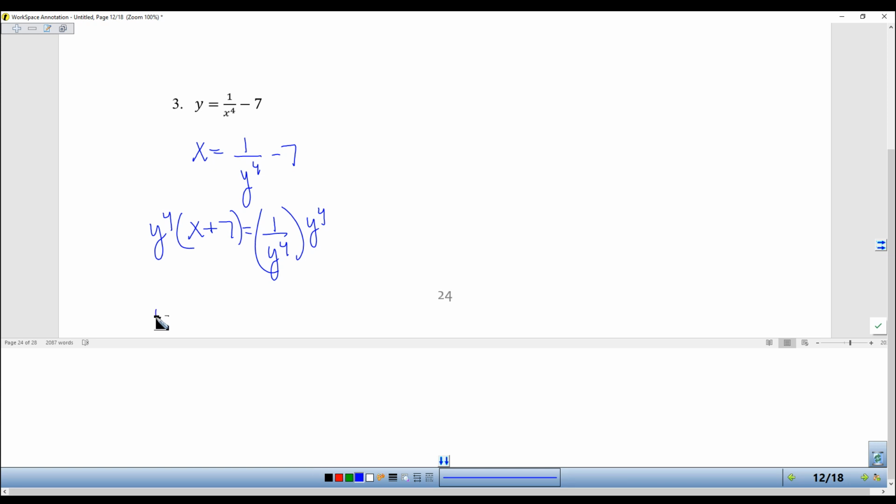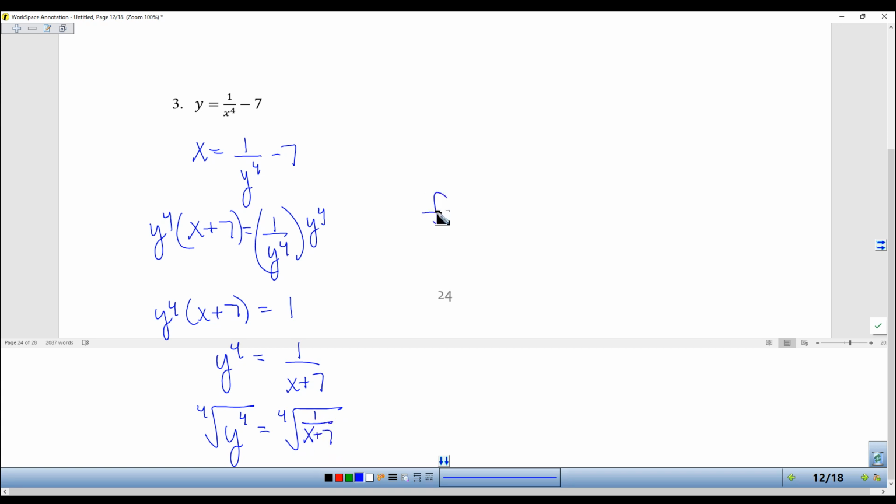And I get y to the 4th times x plus 7 is equal to 1. And that's 1 over x plus 7. But now I have to do the 4th root. So 4th root of both sides, 1 over x plus 7. So f inverse is the 4th root of 1 over x plus 7. Okay, a little bit different there.